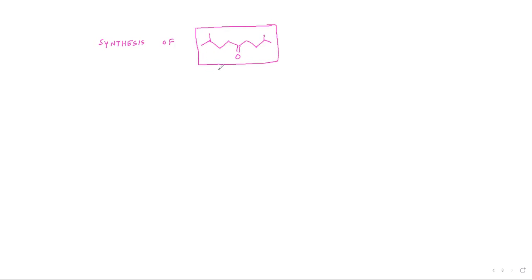Now, if you wanted, this is the target molecule. If you want to write the retrosynthetic analysis for this, just disconnect here as well as here. So the synthons will be this C double bond O minus minus, and then the positive charge here.